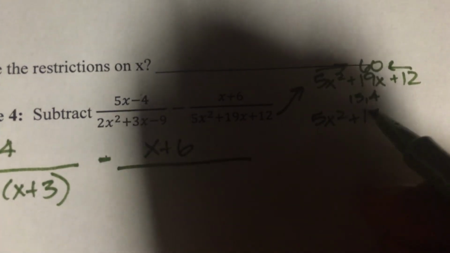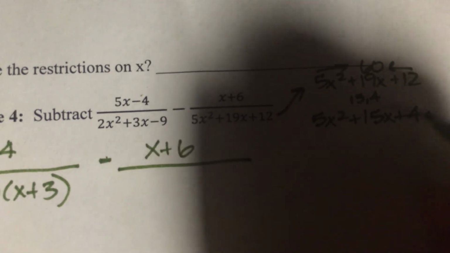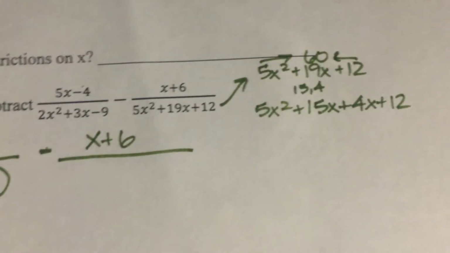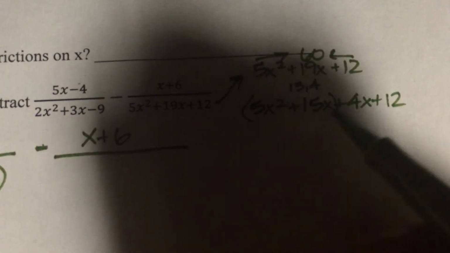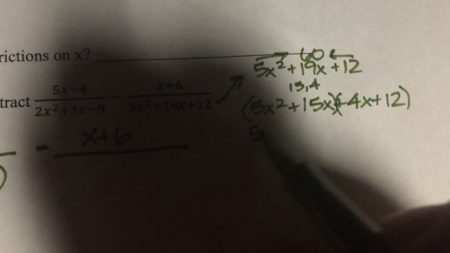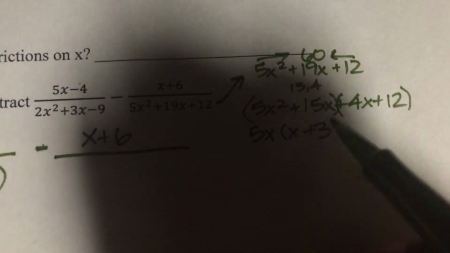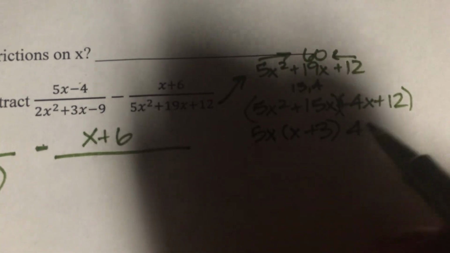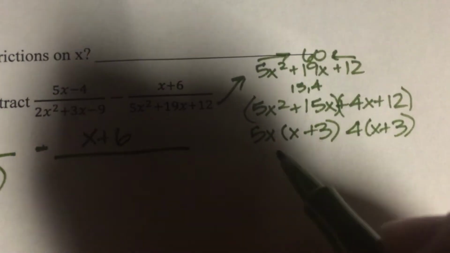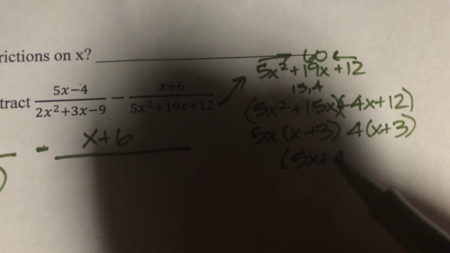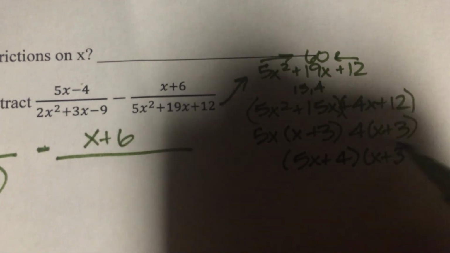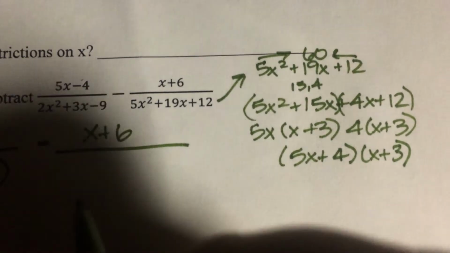So 5x squared plus 15x plus 4x plus 12, just like that. Pull the 5x out and you're left with x plus 3. Then pull a 4 out and you're left with x plus 3. So you've got 5x plus 4 and x plus 3. So those are your factors for the bottom.